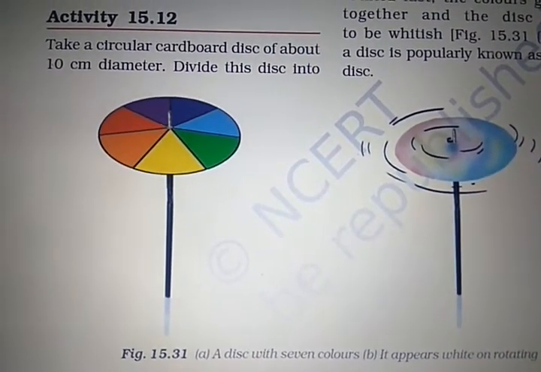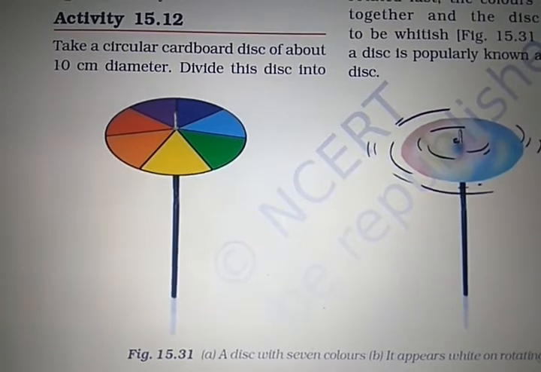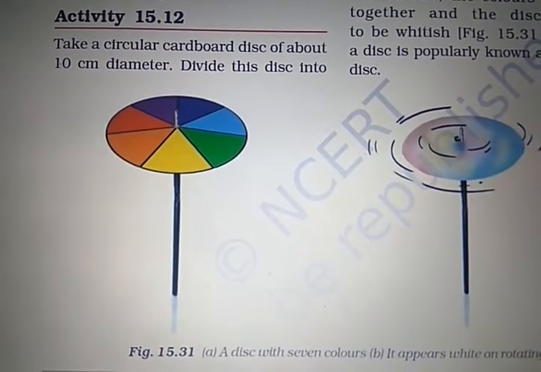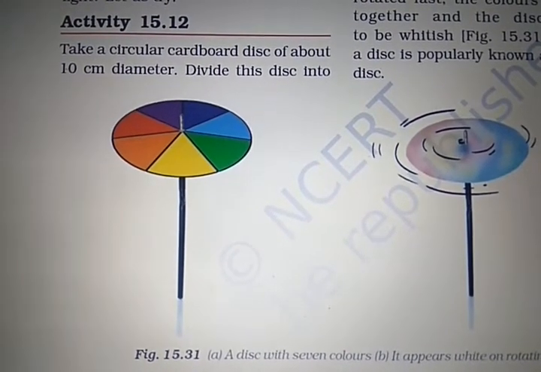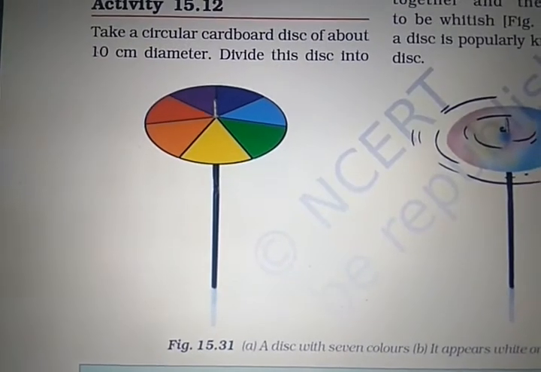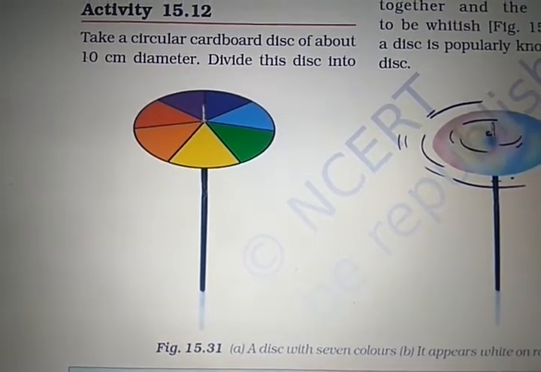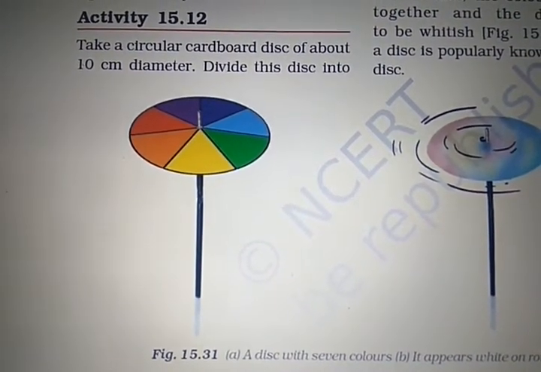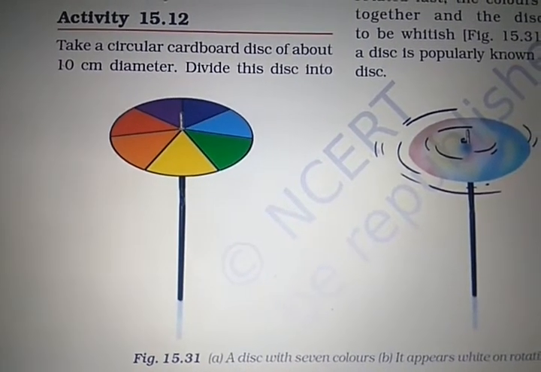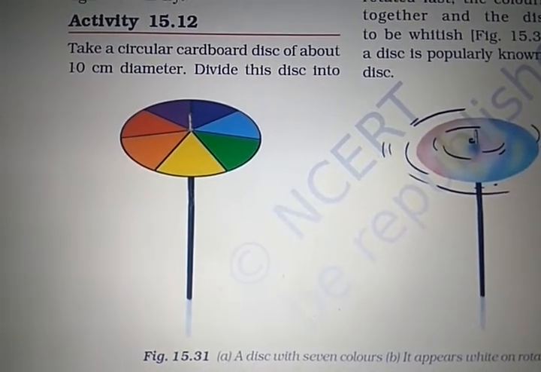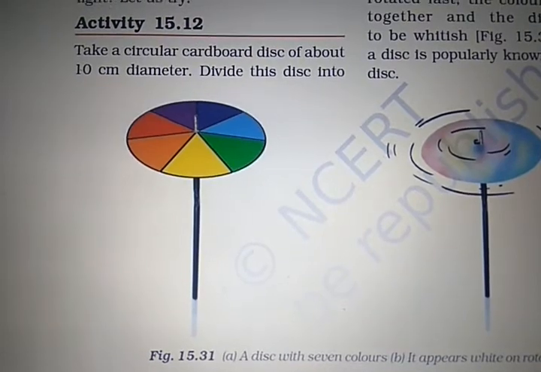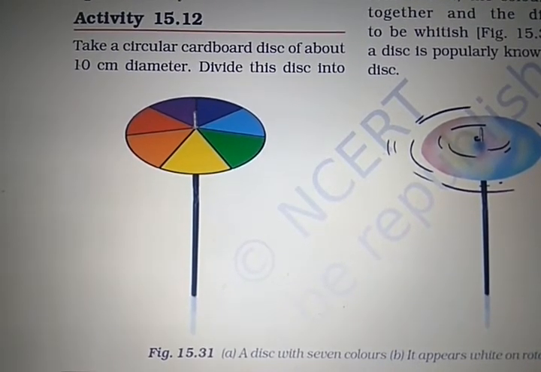So it is converted into a white beam. It means that the white beam of sun rays is not totally white, but it consists of how many colors? 7 colors. So it is known as Newton's disc. Newton proved that the beam of sunlight is not white but consists of 7 colors, that is VIBGYOR.